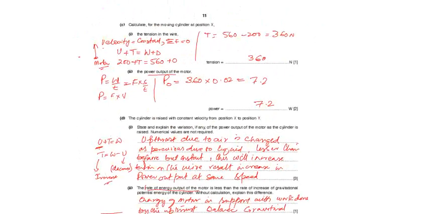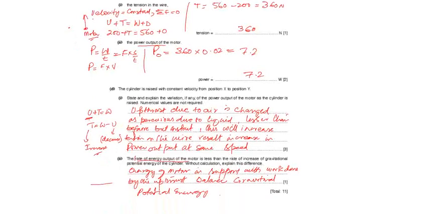Now, part D. The cylinder is raised with a constant velocity from position X to position Y. State and explain the variation, if any, in the power output of the motor as the cylinder is raised. Numerical values are not required, so we have to describe it qualitatively. From the condition, upthrust plus tension equals the weight.